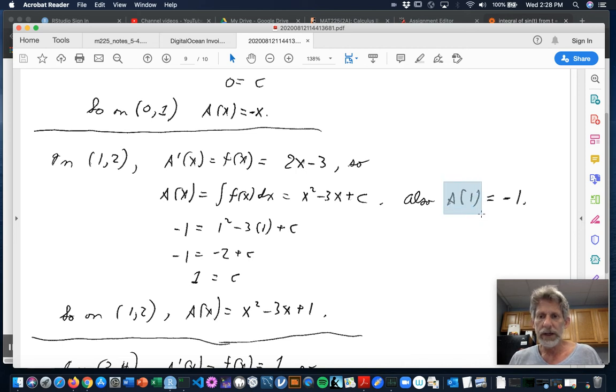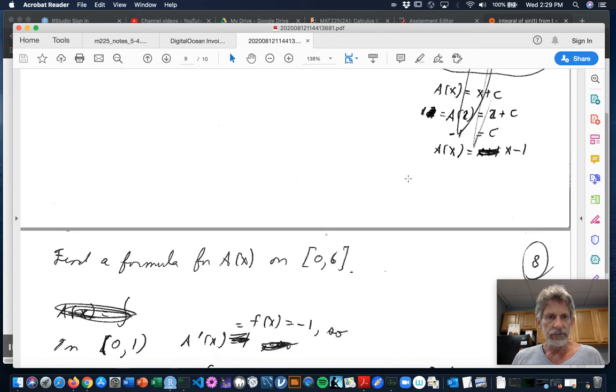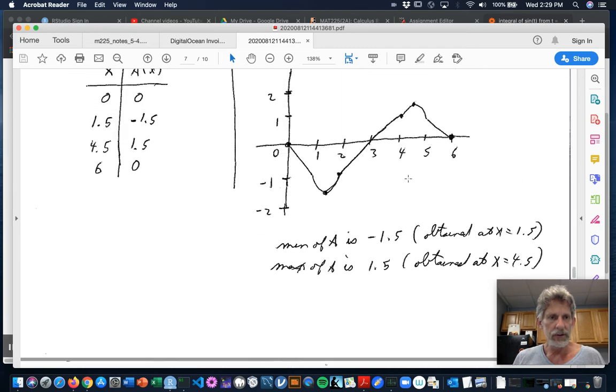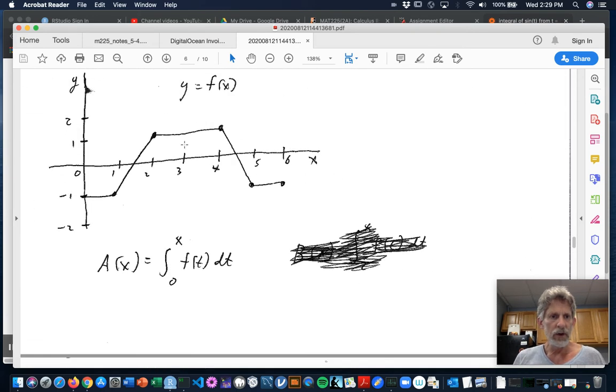Now, I happen to know what A of 1 is. I can just hop back up and find it. What's the signed area under the f curve from 0 to 1? It would be the area of this square, which is 1 times 1 is 1, but negative.